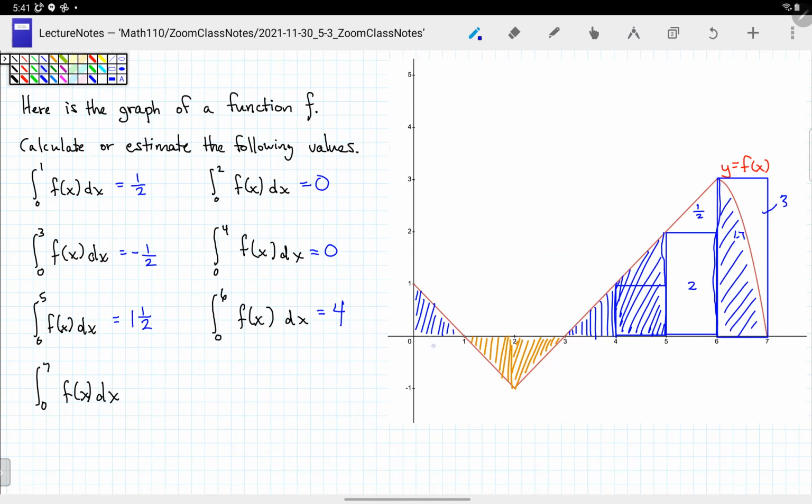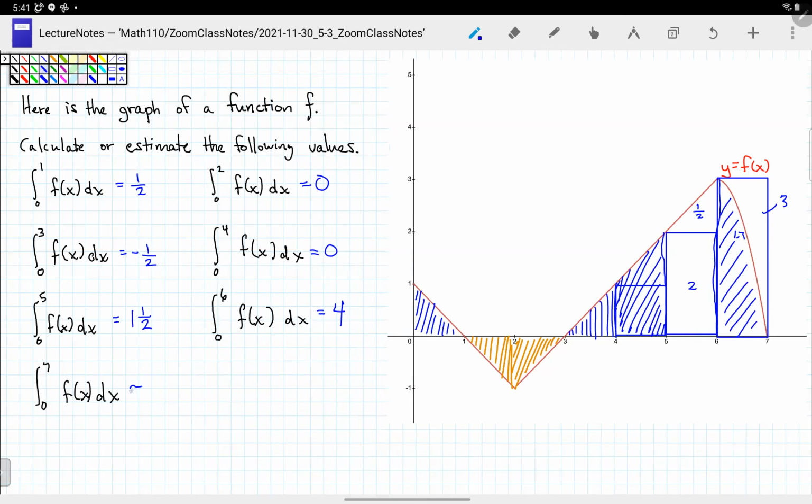The first 4 units get to 0 because the part above the x-axis cancels out the part below the x-axis. Then we have a total of 4 from 4 to 6, and then a 1.7 guess.